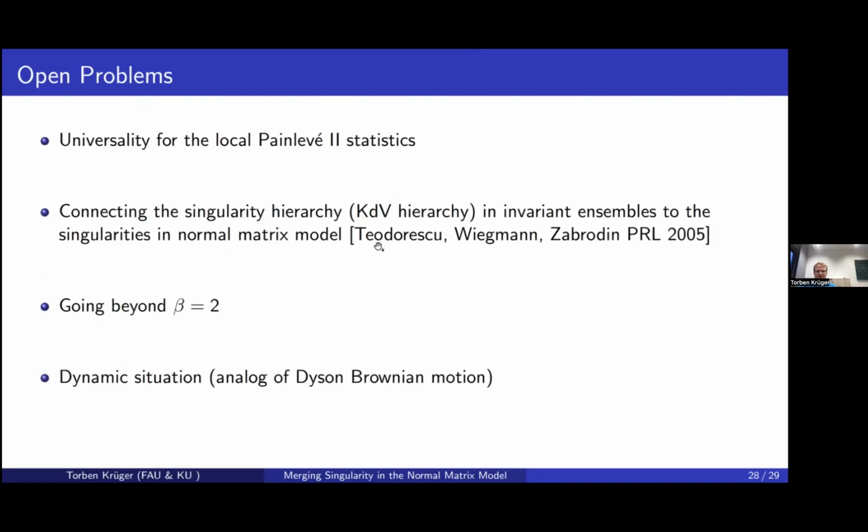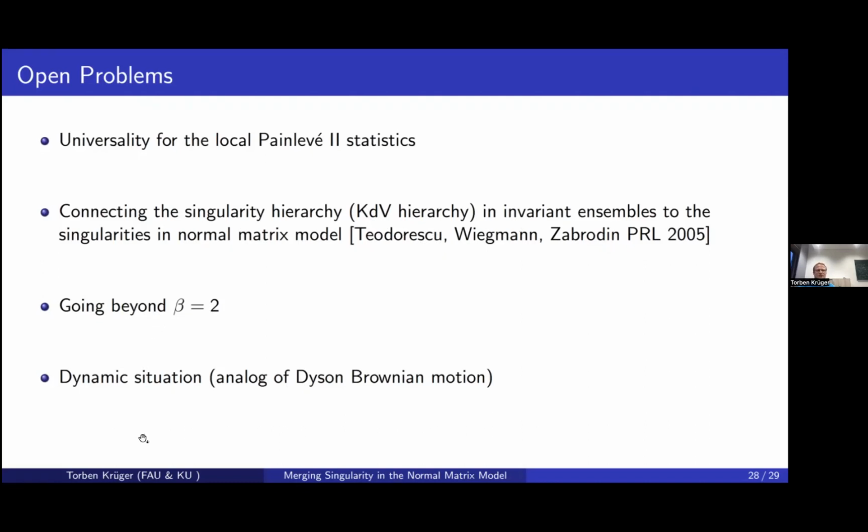And this is also connected to this KdV hierarchy of some partial differential equations, which is suggested in some physics paper in PRL. So it will be interesting to understand a bit better this connection. Then, of course, this only works for beta equal to 2, so it would be interesting to do it for other beta. But of course, this is much harder because then the determinantal structure isn't there anymore.